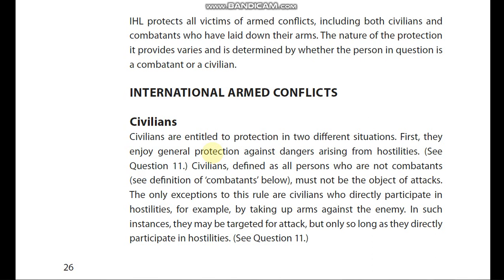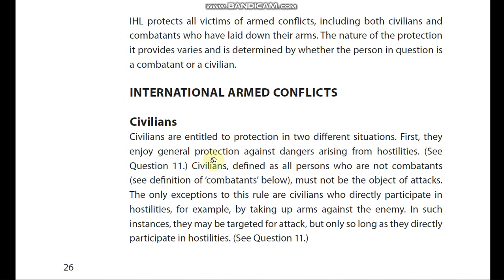There is the general protection, which means that civilians enjoy general protection against the dangers arising from hostilities, and we will discuss this in more detail in question number 11 of this booklet.